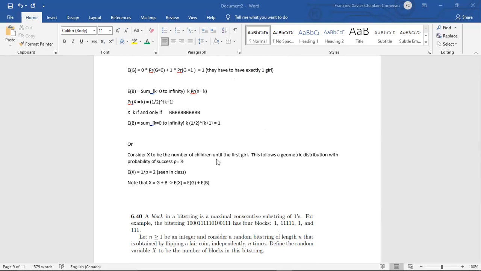So it's the total number of trials that I made. In a geometric distribution, you keep doing something until your first success. Here our success is having a girl. In a geometric distribution, the expected number of trials that you need until your first success is 1 over your probability of success.